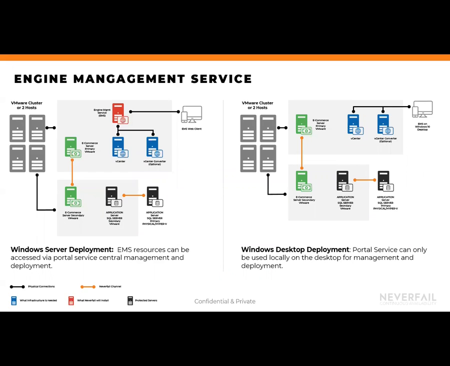So you have the engine management service, which is the red server right here. You have a desktop client, HTML5, that connects to this. It will then connect to, if it's a VMware environment, you can register a vCenter with it. So you can register that to provide you with a vCenter inventory, so you can just push out Continuity Engine onto those virtual machines, those protected application servers.